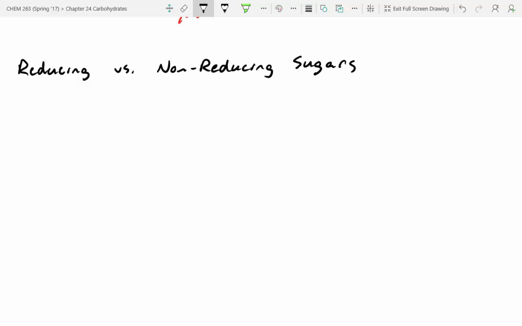So let's take a look at the next portion: reducing versus non-reducing sugars. All right, so let's draw this all out again. I'm going to do a chair structure for glucose.